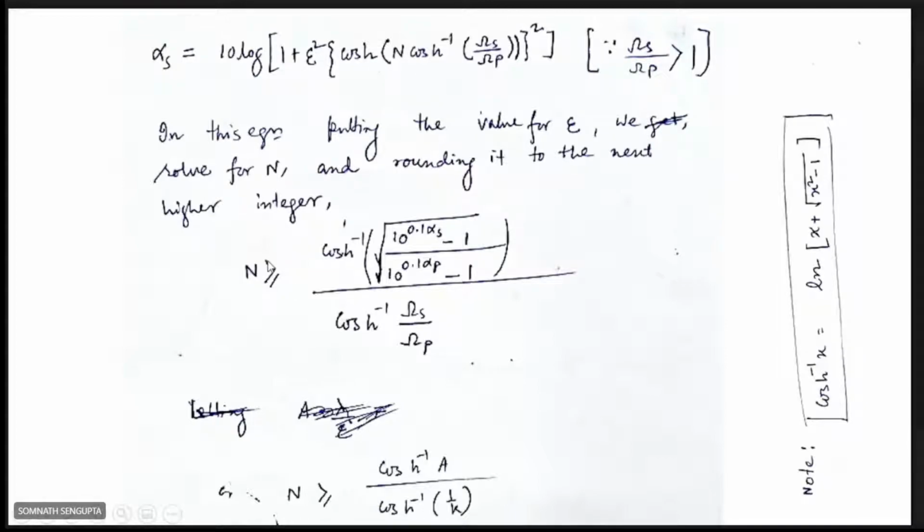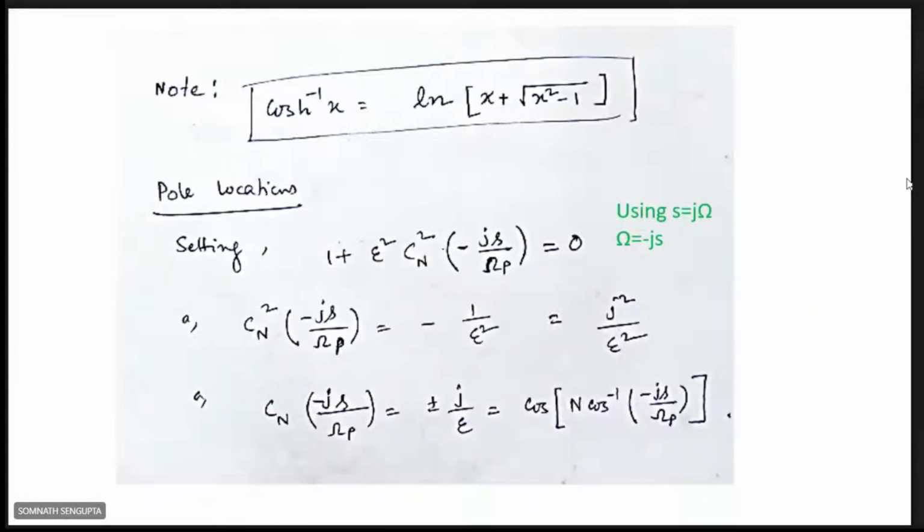So the order of the filter n is equal to cos hyperbolic inverse of this factor divided by cos hyperbolic inverse of these factors, numerator and denominator. And on the right side I have given a note that the cos hyperbolic inverse of x formula is ln of x plus root over x square minus 1. I have written that there also.